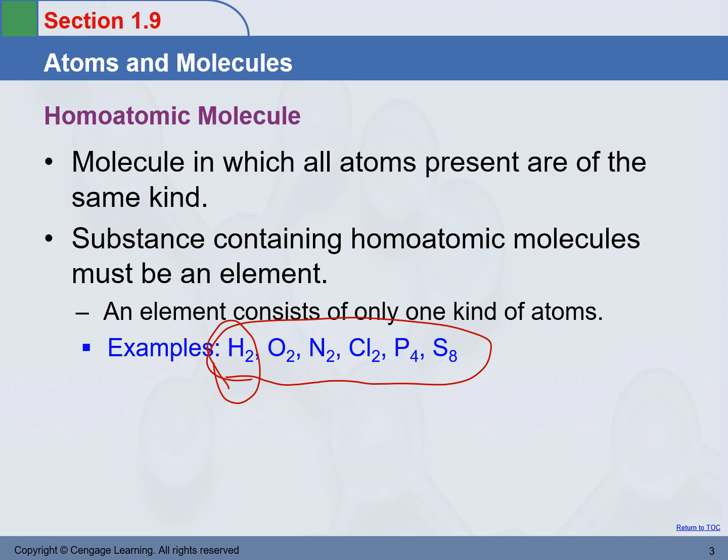Look at the last one, S8, the substance sulfur. It tells you sulfur has sulfur atoms in its molecule, and there are 8 sulfur atoms in one molecule. Again, in the chemical formula, you use elemental symbols to tell other people what atoms are in the formula, and you use subscripts to tell how many of that atom are in there.